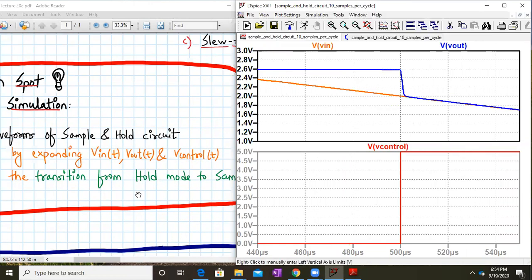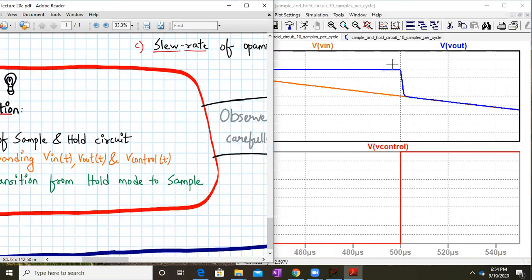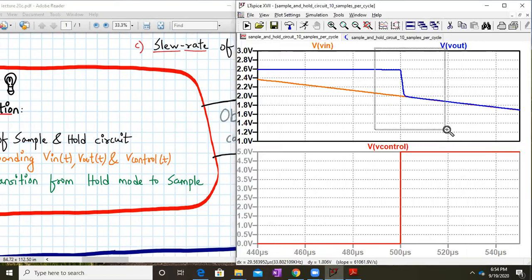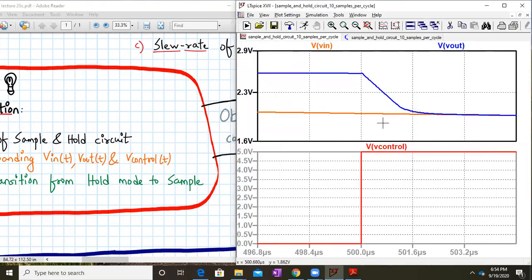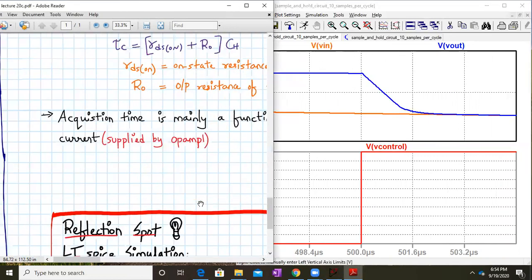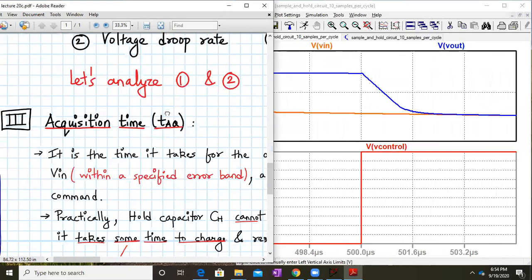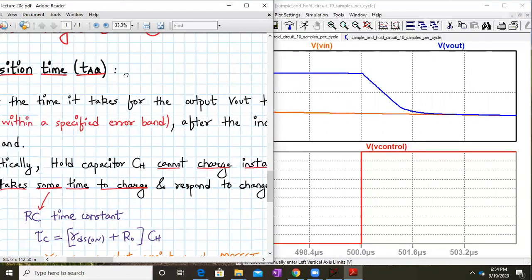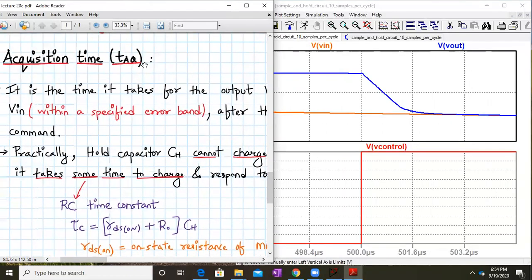So when you are changing from hold mode to sample mode, as you can see, there is some slight drop. The capacitor is taking some slight time in reacting to the input changes. So see, this is the capacitor voltage. This is what the acquisition time means. The time it takes for the output voltage to begin to react to the input changes is my acquisition time.